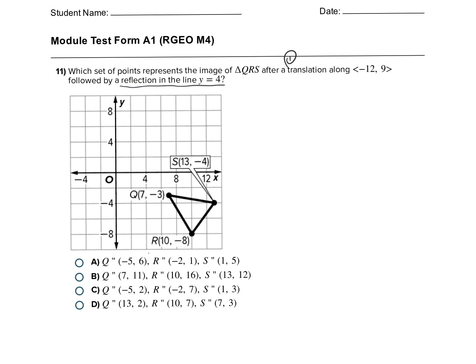So first thing I notice is that for point Q, all four choices have a unique answer, which means I only have to do this to one point. If you notice, the points for Q, R, and S are all different.